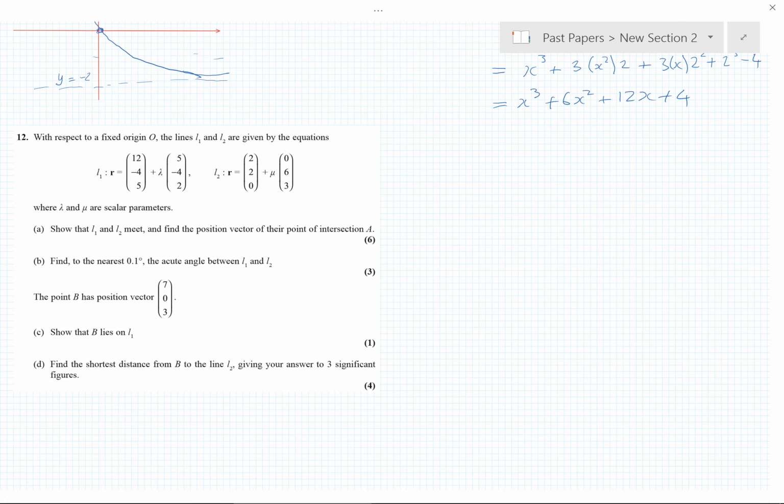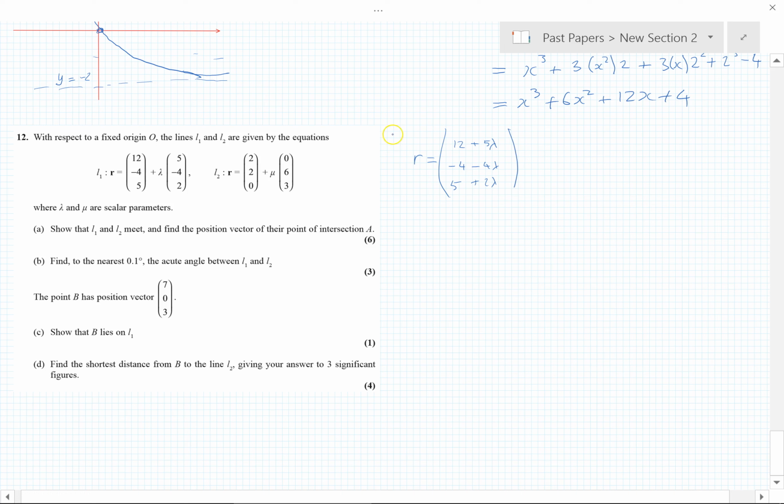Okay, so it's a vectors question. We've got two vectors. I'm going to show that they meet and find where they meet. So this should be bread and butter for most of us, I hope. I'm going to write the two in this way: minus 4 lambda, and 1 and 5 plus 2 lambda.